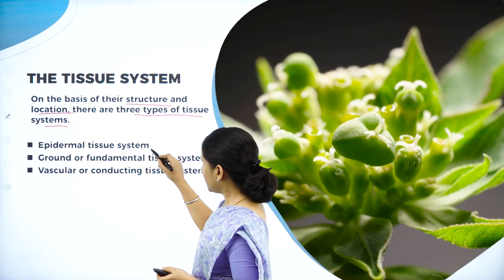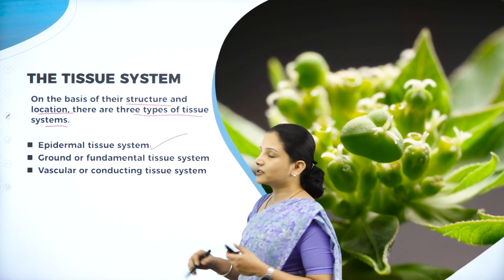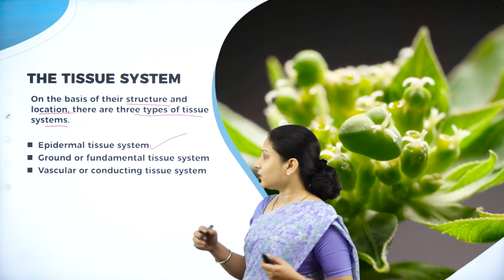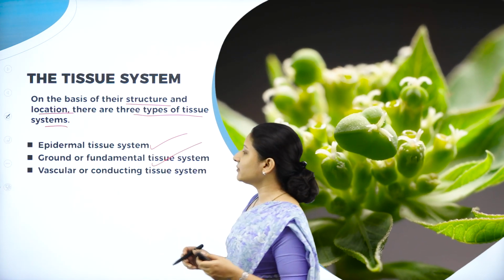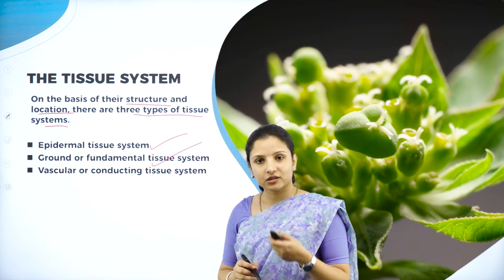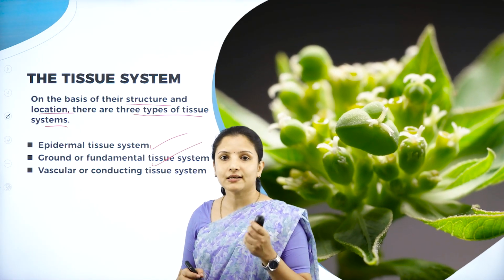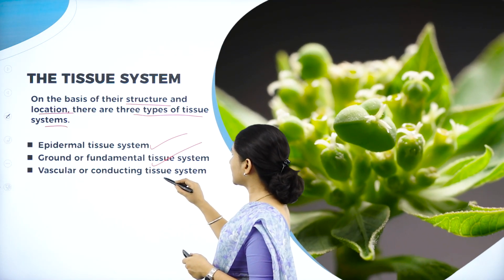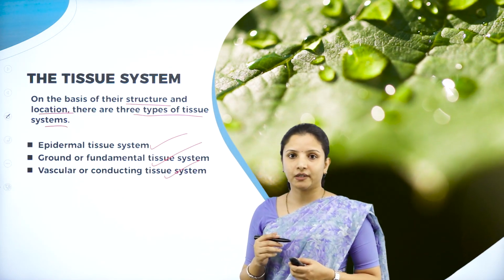One is the epidermal tissue system, the other one is the ground tissue system or the fundamental tissue system, and the third one is the vascular tissue system or the conducting tissue system. We shall study each of these one by one.